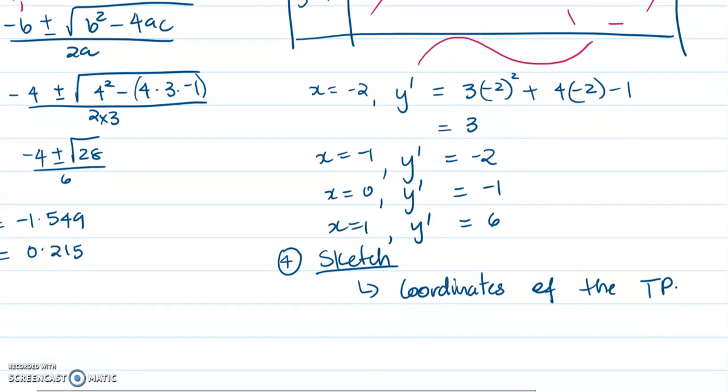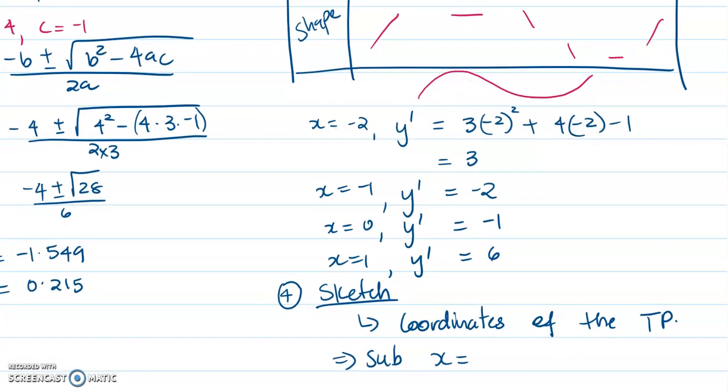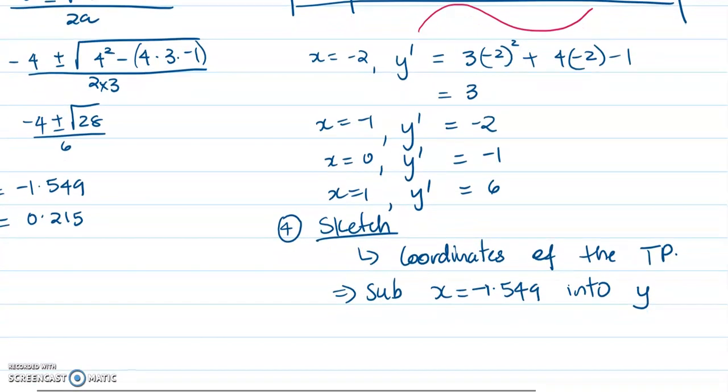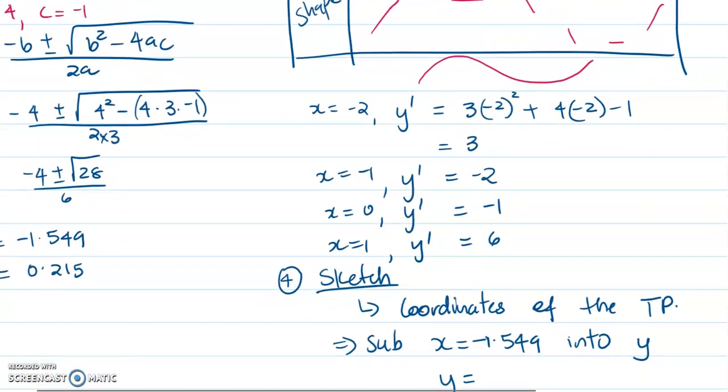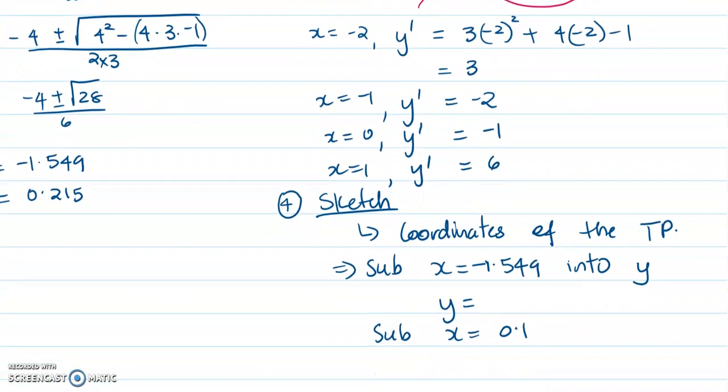To do that, all we do is sub x equals negative 1.549 into y to get your y value, and we also sub x equals 0.215 into your y function, which gives us our 2 turning points.